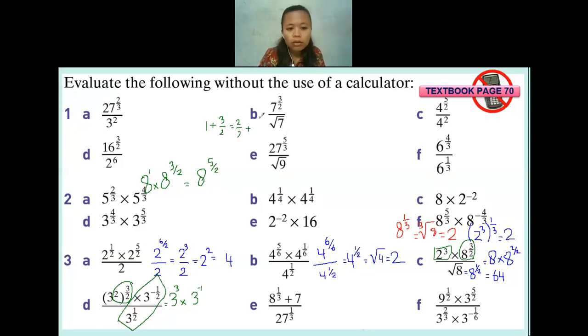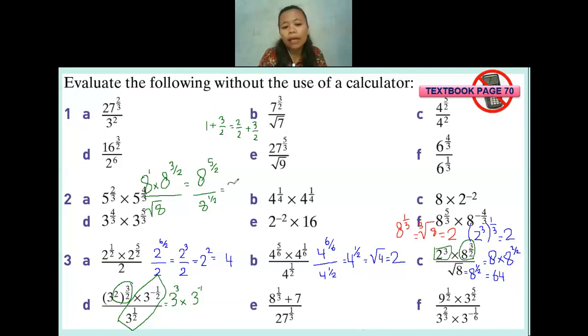Alright? Or do you disagree? Or maybe I made a typo, or maybe wrong writing, it's possible, right? And then now for the 8 to the power of a half, square root of 8, we can change it into 8 to the power of a half, right?